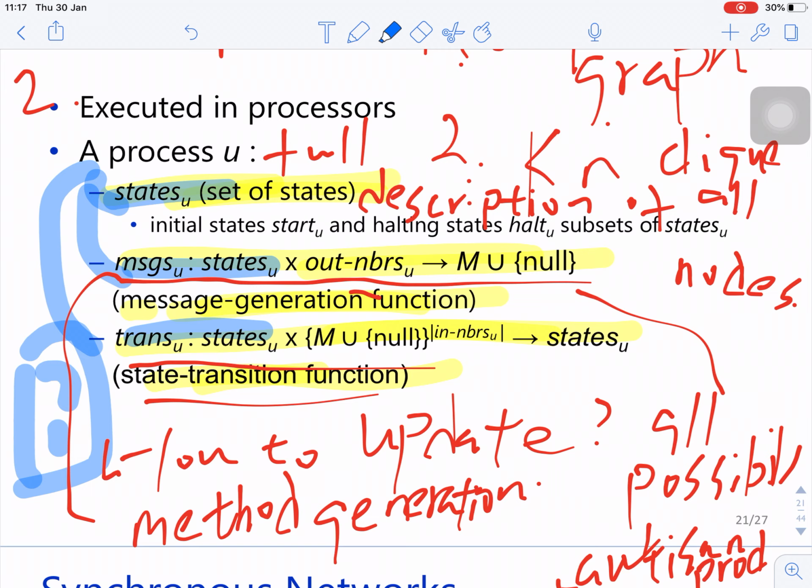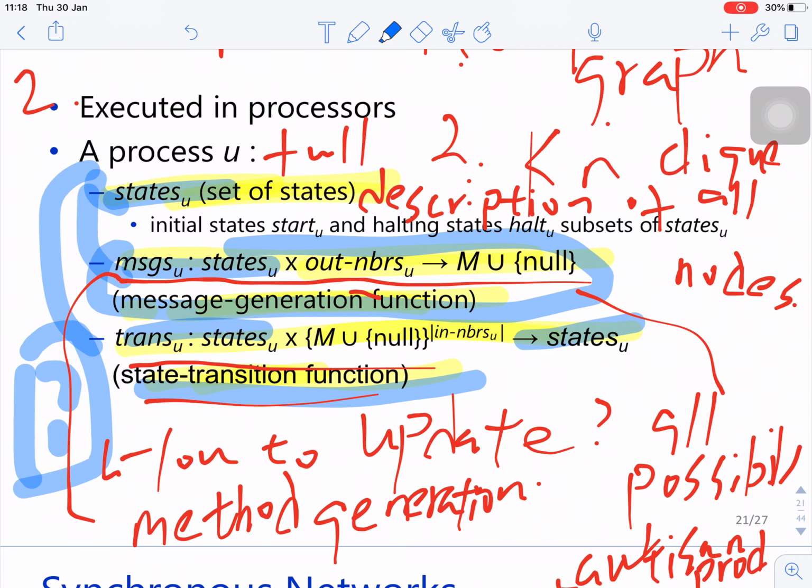And trans U is the states of U Cartesian product with the messages generated by the incoming neighbors, to the power of the number of incoming neighbors, generating a set of states U. So this is called the state transition function, and the other is called the message generation function.